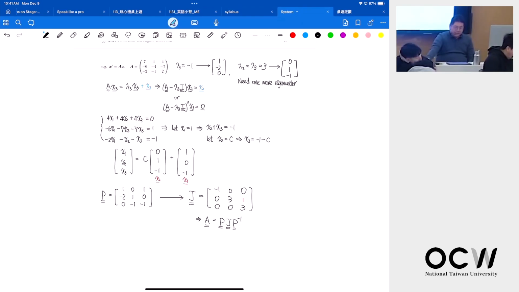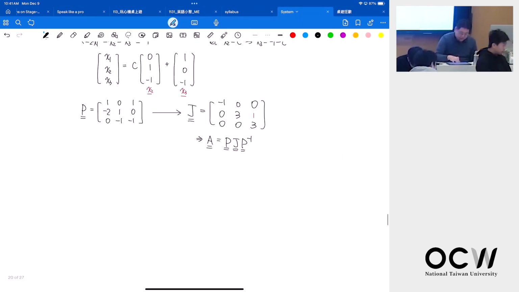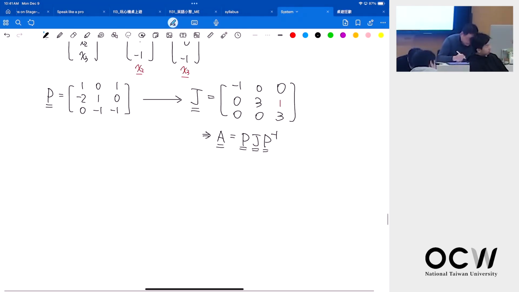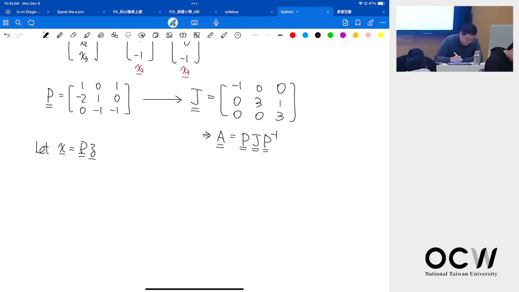What is the answer for X? Here we can also do another method, changing variables. X equals P Z, which is P times Z1, Z2, and Z3.